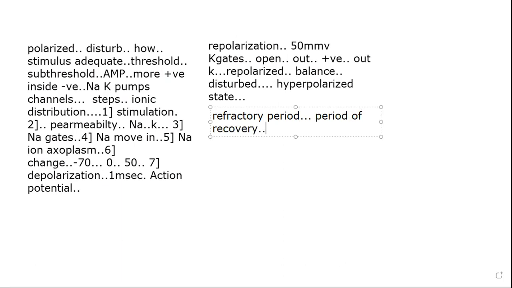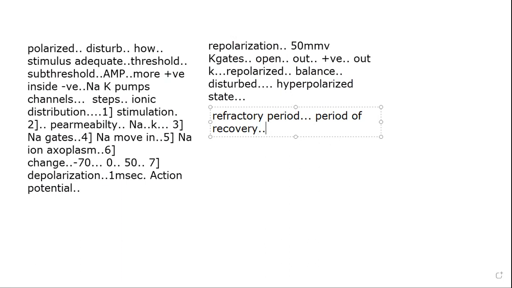In this period of recovery, the original ionic distribution and polarity has to be revived. It has to be redone again, and it has to get ready for the next stimulation. This recovery period of the nerve fiber is said to be the refractory period.